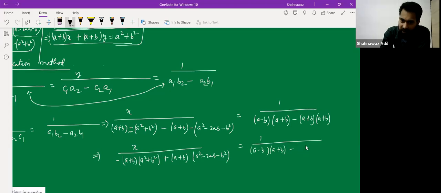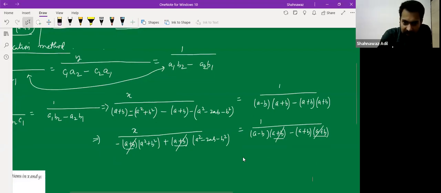Before we solve these two parts, we have to check that a plus b and a plus b is common, right? In here we also have a plus b common. So we can cancel a plus b from here and from here, right?